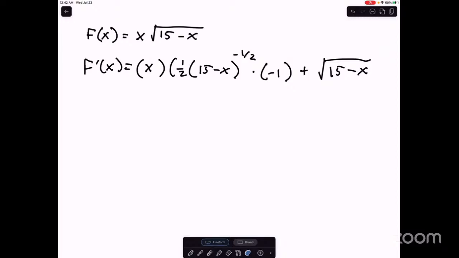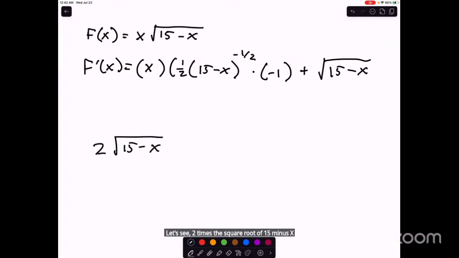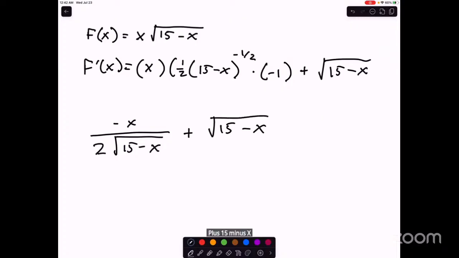Okay, I'm going to rewrite this. So we have negative x over 2 times the square root of 15 minus x, plus the square root of 15 minus x, equal to 0.